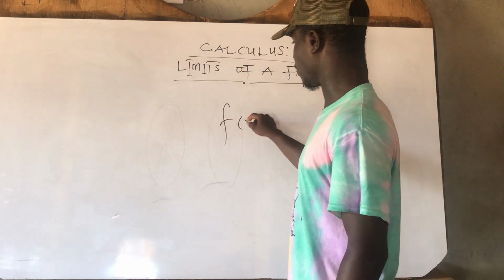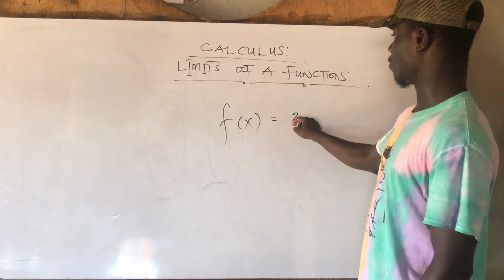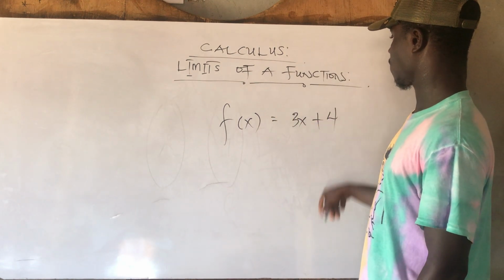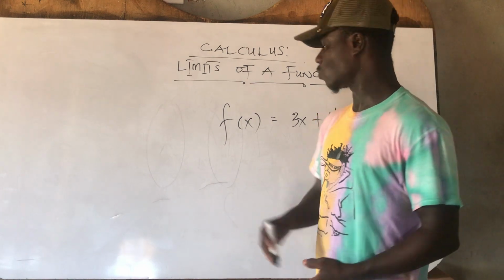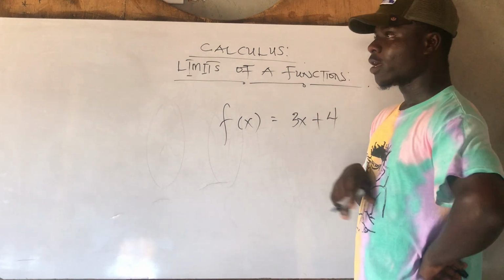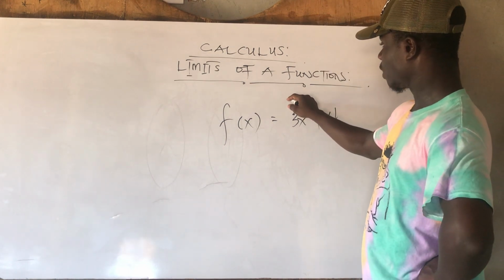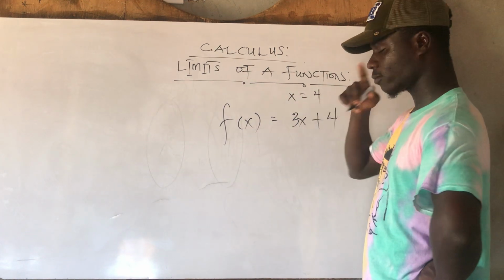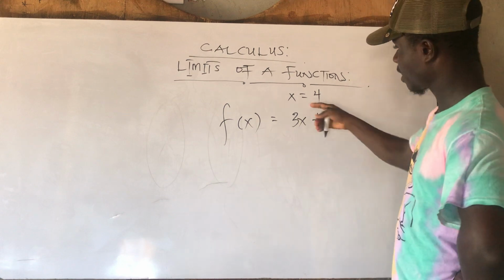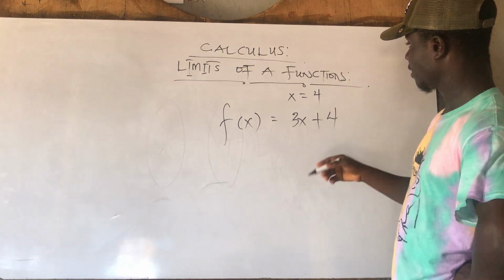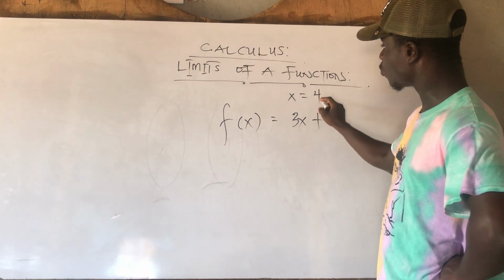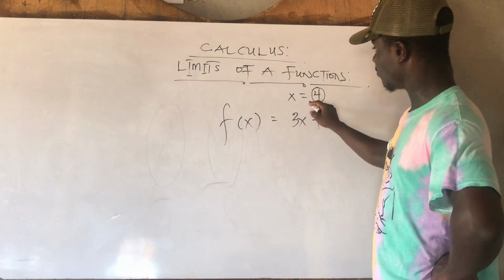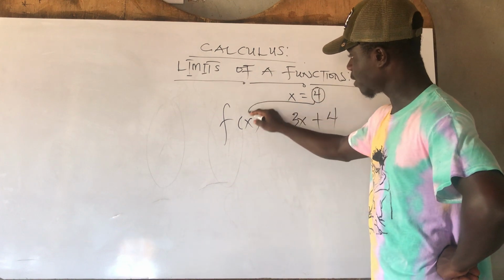If I have f of x equal to 3x plus 4, and I give you an x value, let's say x equals 4, it means that wherever I see x, I'm placing 4 inside.